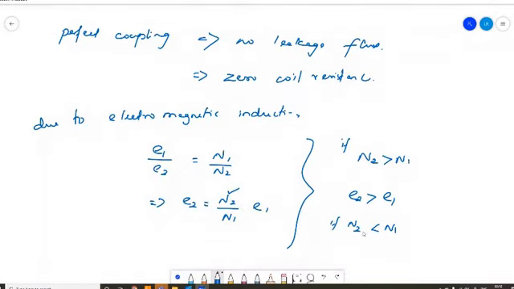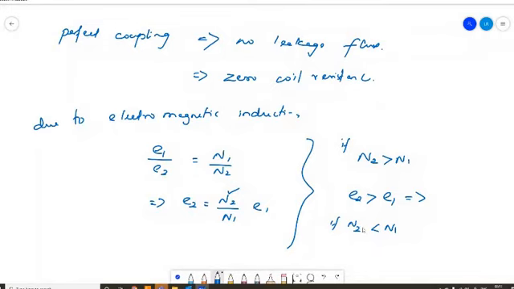Let's say N2 is 1 and N1 is 3. If you are giving 3 volts here, then it becomes 1/3 of 3, so that is ultimately 1 volt. So when E2 is greater than E1, we have actually stepped up the voltage. In E1 we are giving some lower voltage, and we have stepped it up to get a higher voltage at E2, the secondary end.